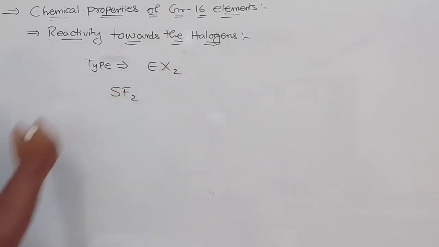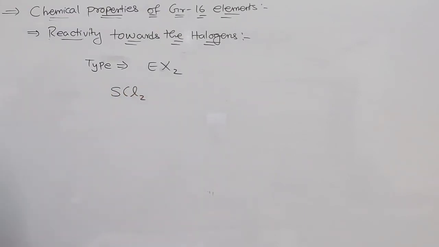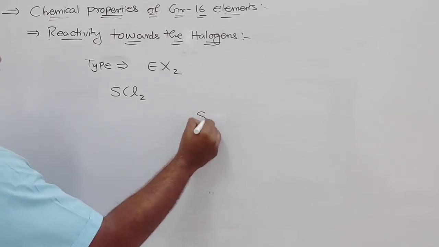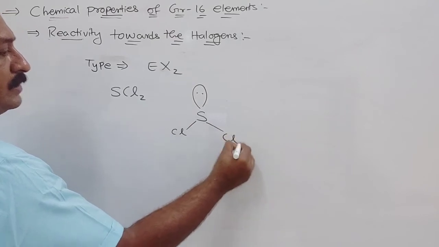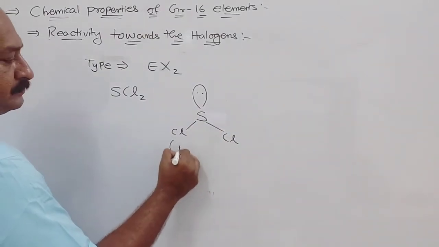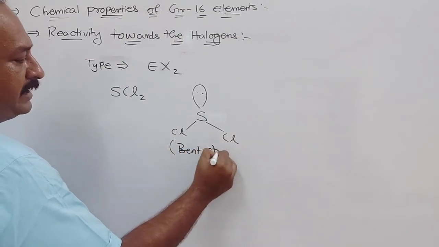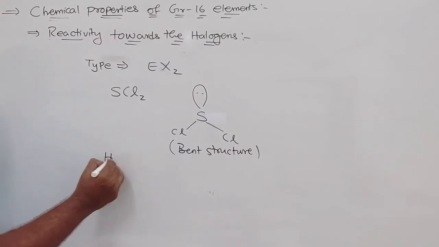In that, the SF2 type halide is given, that is SCl2. Understood? If you see the structure for sulfur, I will write it like this, and here chlorine like this. So the structure is a bent structure. Which structure? Bent structure. So you can remember the bent structure, and then the bent structure with the hybridization, if asked.